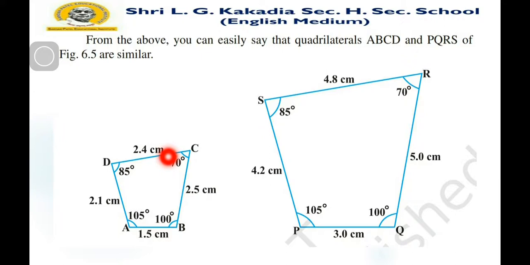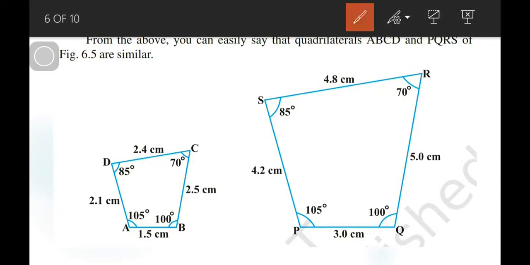Now let us find the ratio between all the sides. Let us consider from AB. So here you can see that AB upon PQ, AB corresponding to PQ, is equal to 1.5 upon 3.0, which is equal to 1 over 2. The first ratio is 1 over 2.